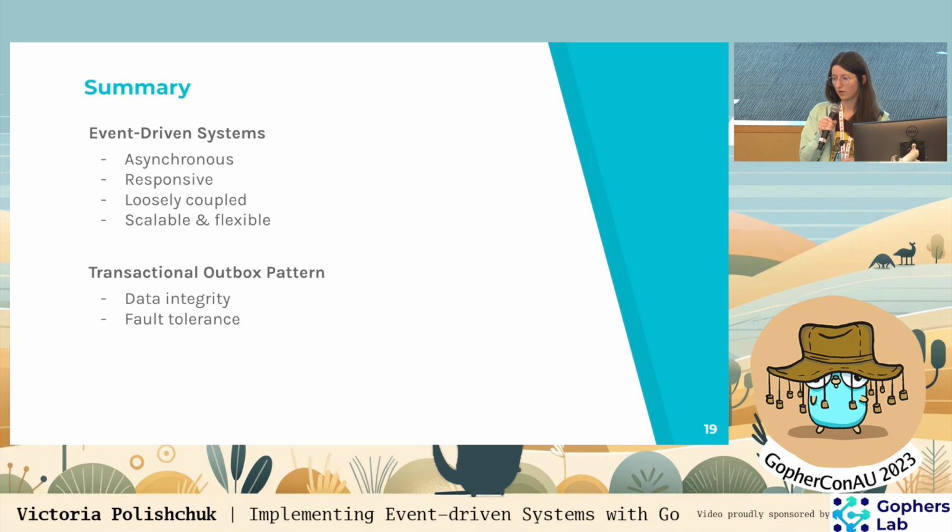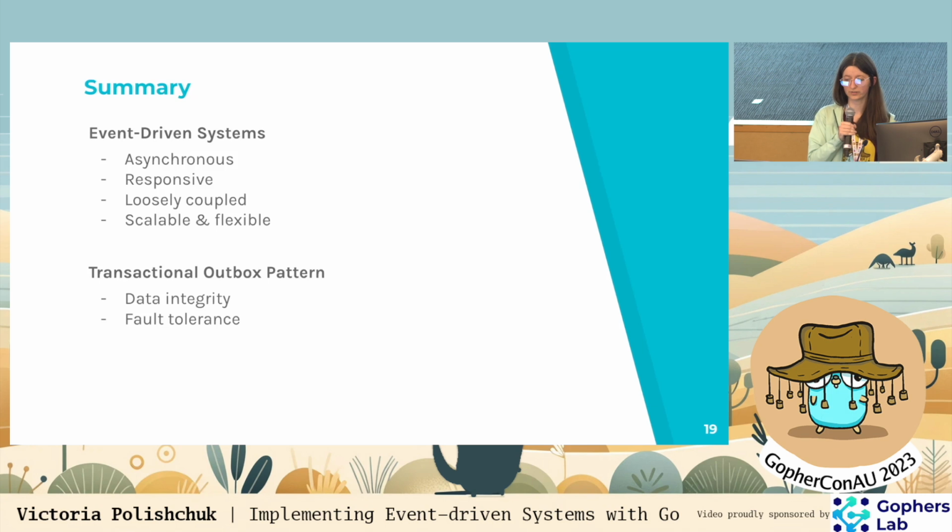We also discussed that event-driven systems are loosely coupled, so publishers don't know about their subscribers. We can have as many subscribers, and even subscribers can publish to the same topics, to the same event stream. So that makes event-driven systems very scalable and flexible.